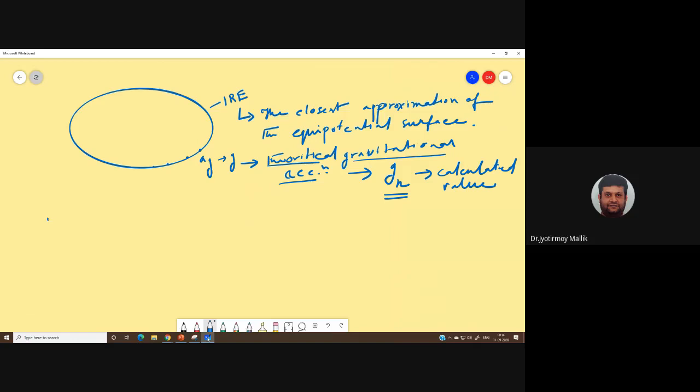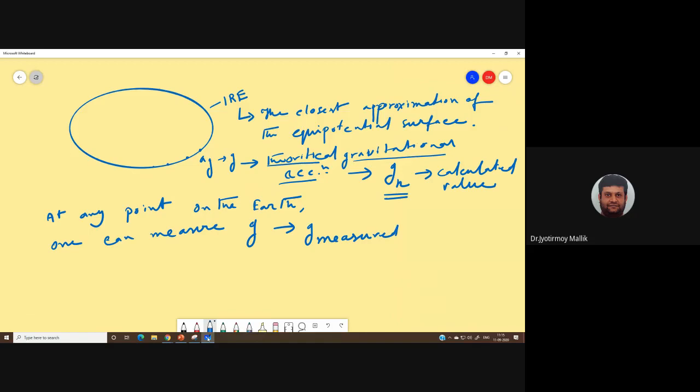Now, at any point on the Earth, one can measure small g as well. Okay? And let us say that we call it g measured, or simply Gm. So, two things we will be dealing with.